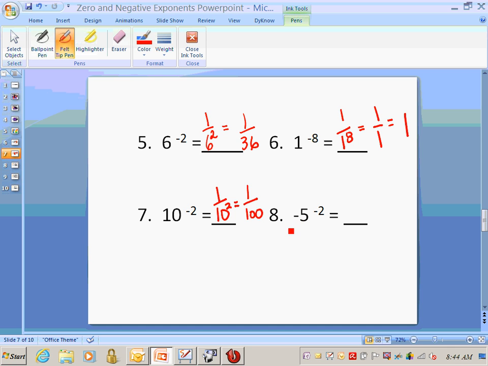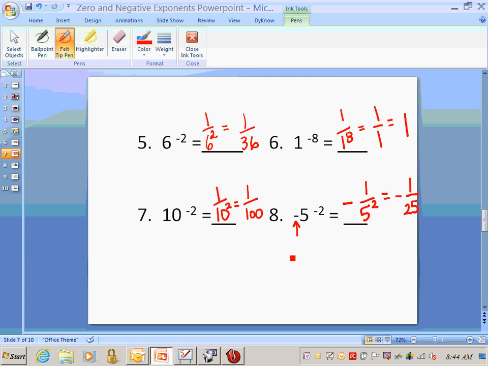Good. 8's a little tricky. Is the negative included? No. So the negative is going to go out in front. And then how do I fix the 5 to the negative 2? 1 over 5 squared. So this is going to be negative 1 over 25. This negative stands alone.